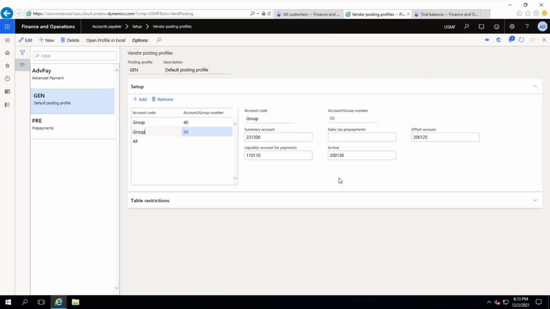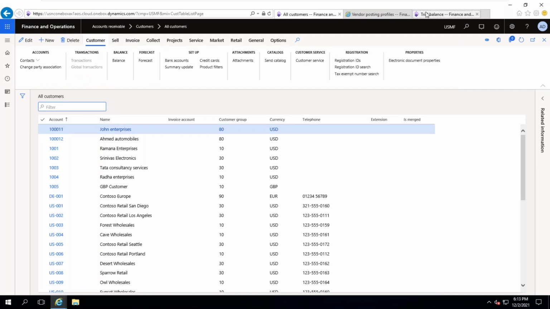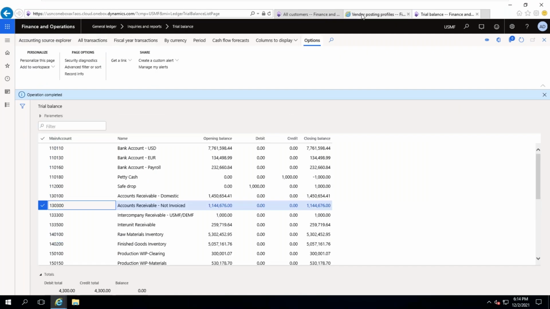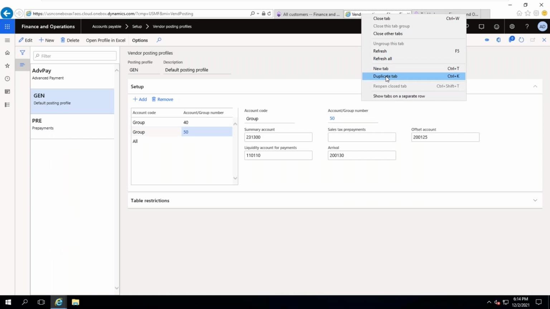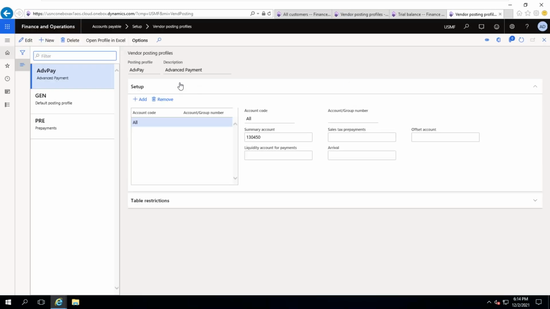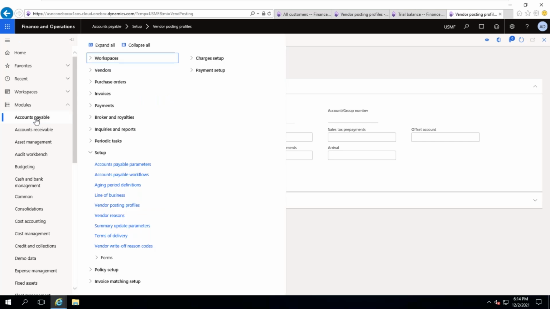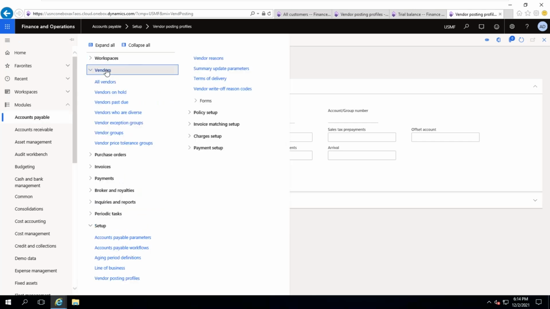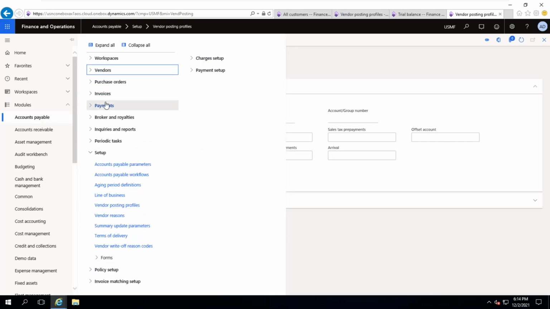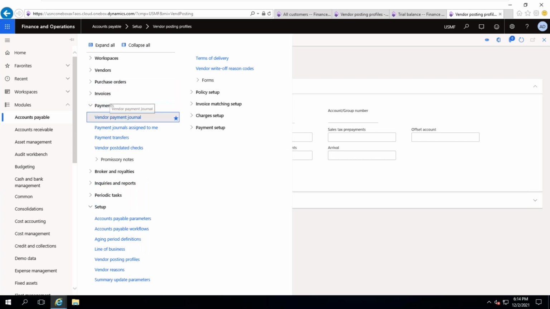Okay, let me go to one transaction. Let me do it quickly and then explain what it is. Suppose I'm taking a duplicate. Let me go to accounts payable, vendors, payments, vendor payment journal.